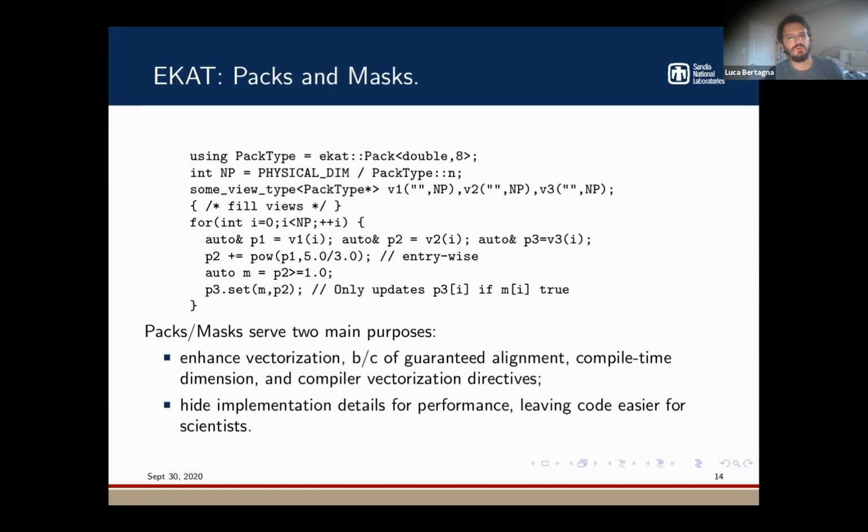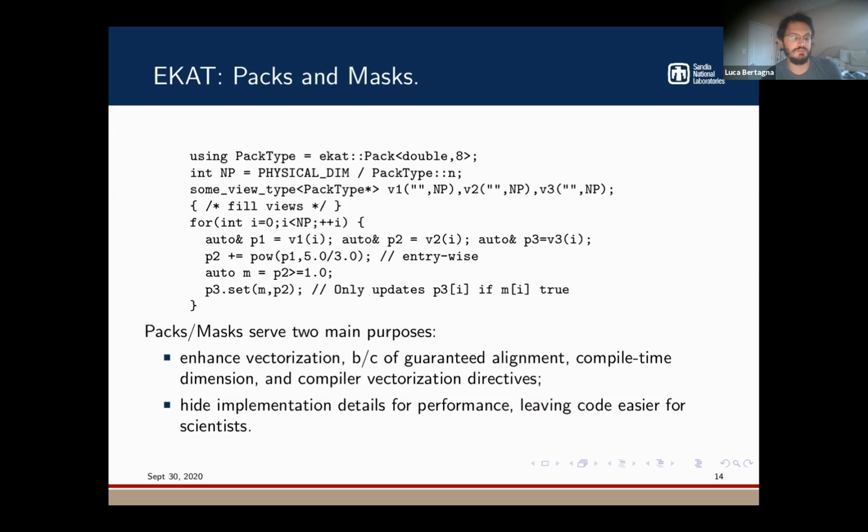One thing was what we call packs and masks. C++ sometimes has a harder time than Fortran to vectorize. I'm pretty sure we're all aware of that, especially when you have calls buried deep in the stack. Sometimes the compiler, if it cannot guarantee the alignment or the compile time dimension, might have a harder time vectorizing.